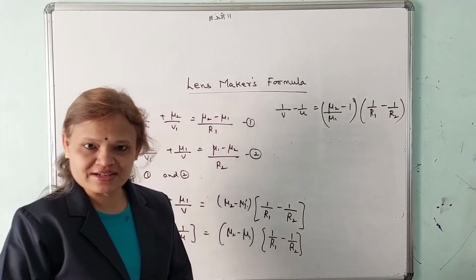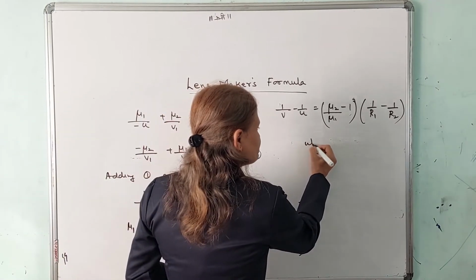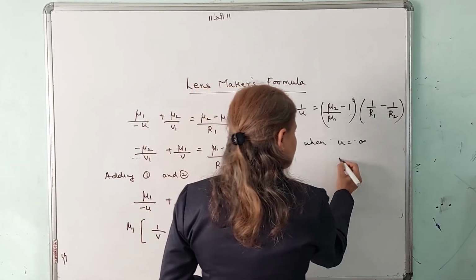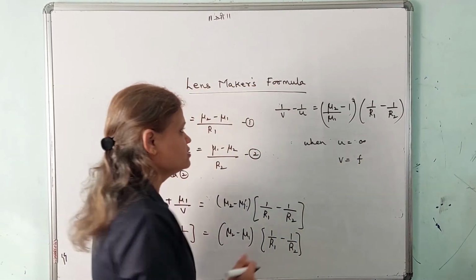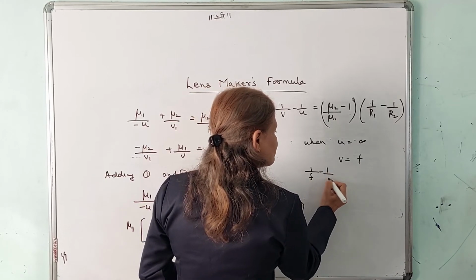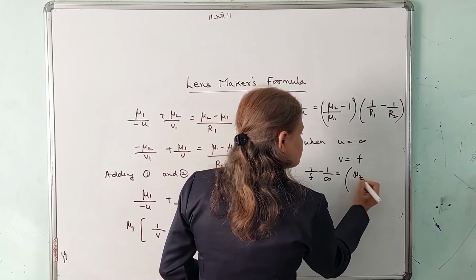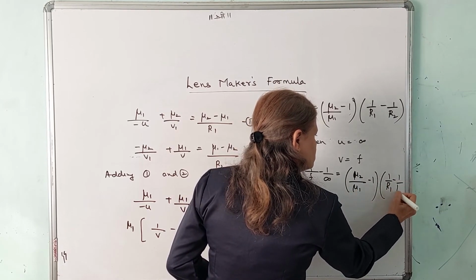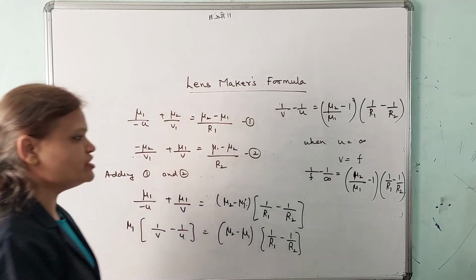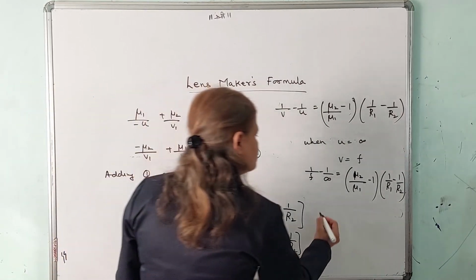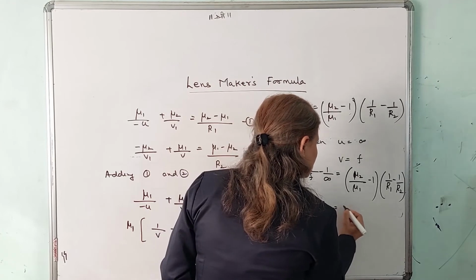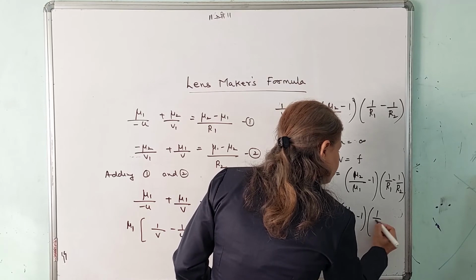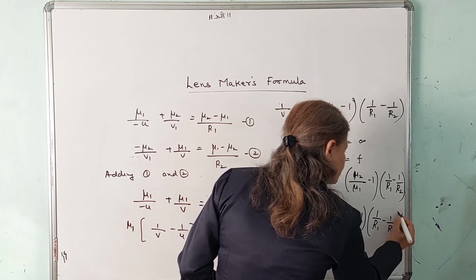Now we are going to consider that when the object is at infinity, that is, when u is infinity, you know that the image is formed at the focus, that is, v is f, the focal length. So we have 1 by f minus 1 by infinity, and 1 by infinity is 0. So we have 1 by f equals mu2 by mu1 minus 1, 1 by r1 minus 1 by r2.